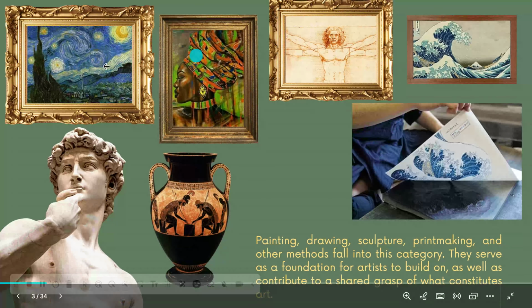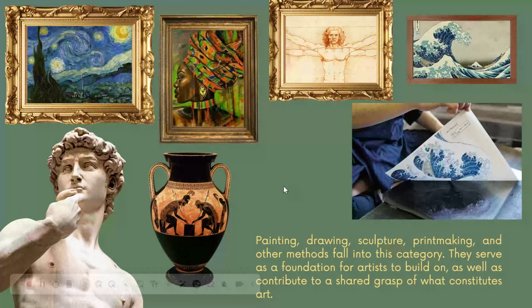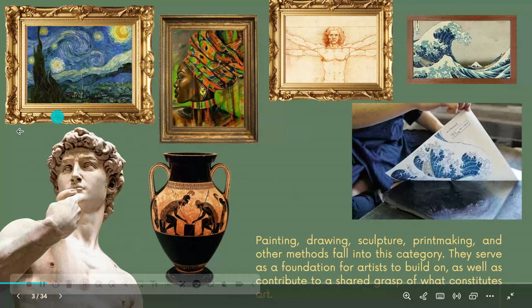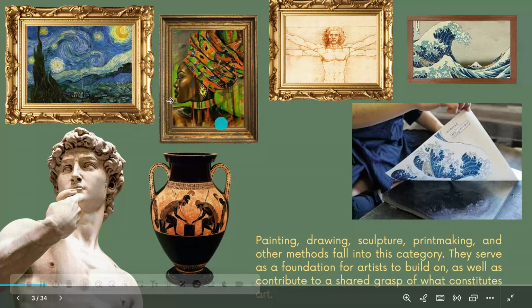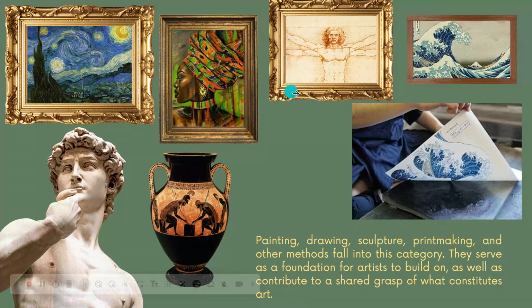So for instance, I have a lot of different traditional pieces here. Back in the day, a lot of sculptures were considered traditional. Same thing with pottery. And as you guys know, painting is a traditional media. And then also printmaking.